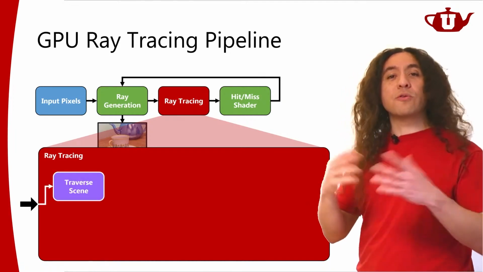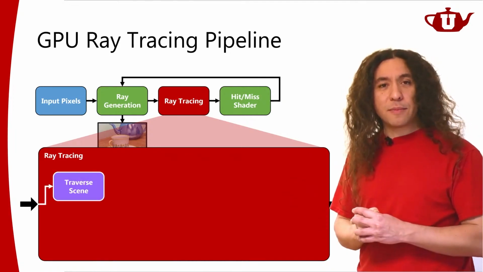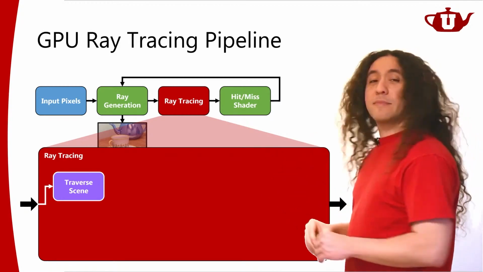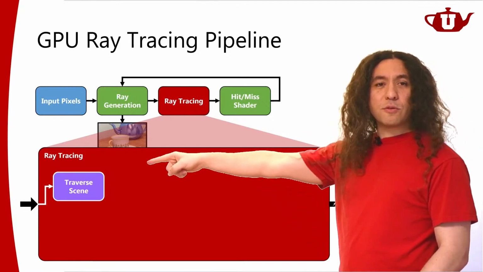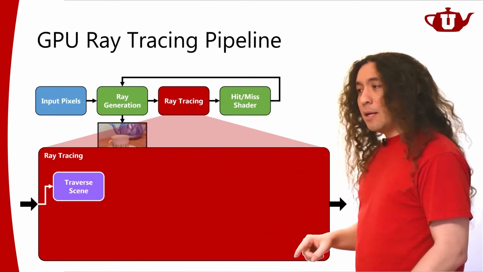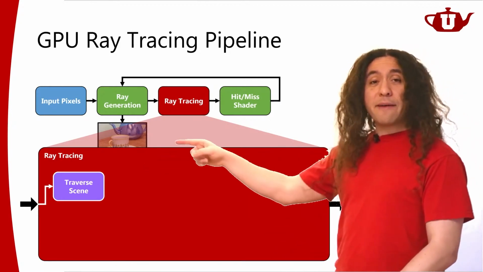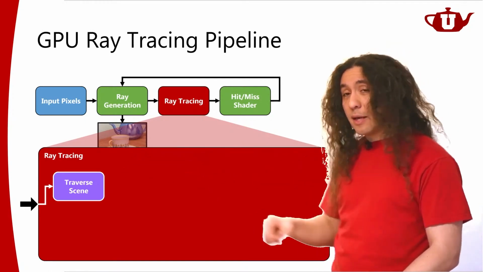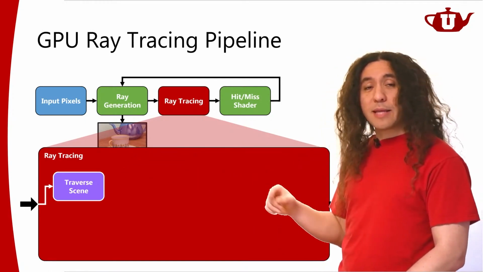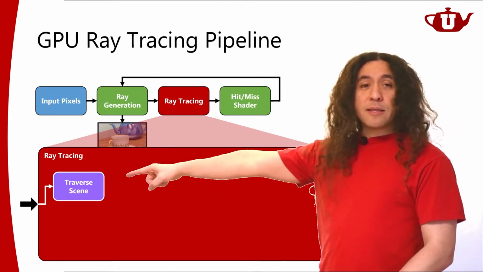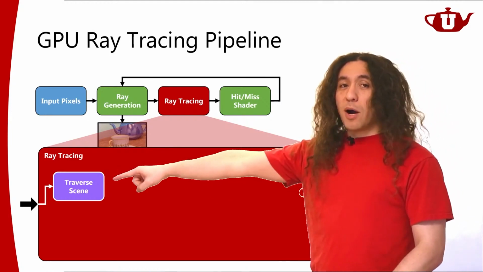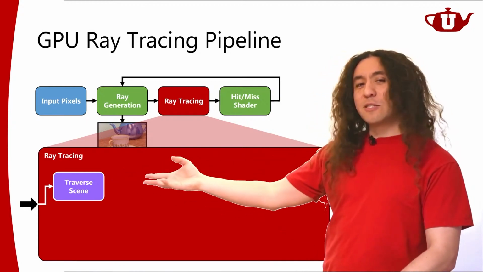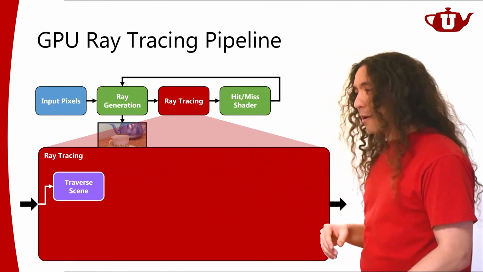It's going to go through the scene and find the primitives. How is it going to do that? Well, there's going to be some dedicated hardware support to help with this process. It will, of course, need access to our scene definition. So this will need to know our scene, and I'll say a few more things about that in a little bit. That's why I made this box a little bluish, because our scene definition is sort of softly included in there.